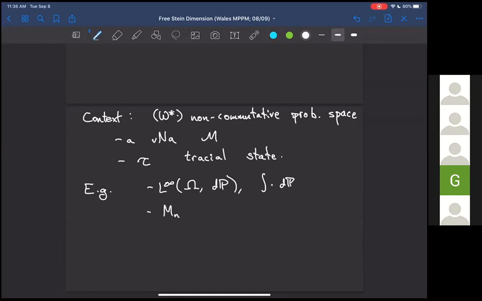Another example is the n by n matrices with the normalized trace. And a third example would be the group von Neumann algebra of a, say, countable discrete group gamma together with testing against the point mass with identity, the standard trace.